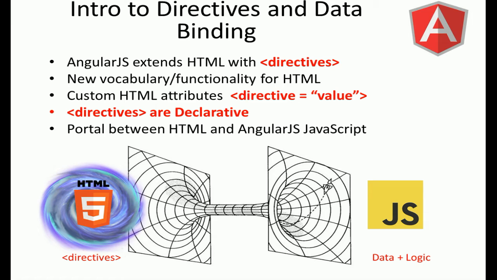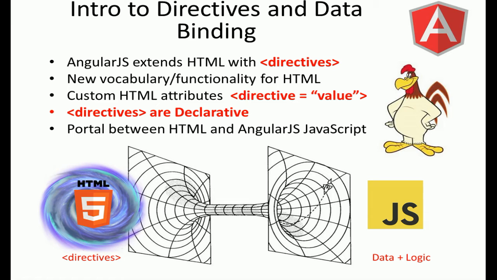Directives are constructs that extend the standard HTML with new functionality, and for this reason, some people have referred to Angular as HTML6. Directives are custom HTML attributes that Angular understands. These Angular directives that are added to HTML elements as attributes usually have an associated value. Directives are declarative in nature and declare how the HTML is to behave and what the DOM is to look like.